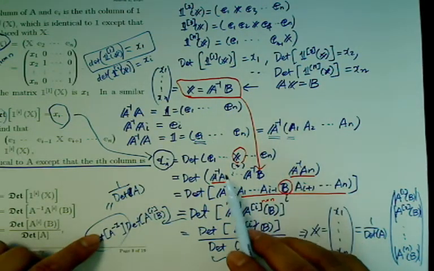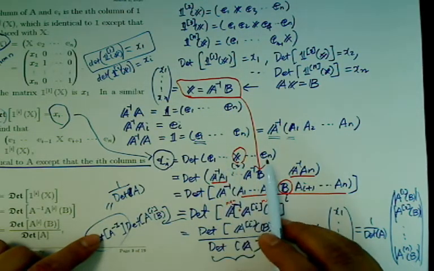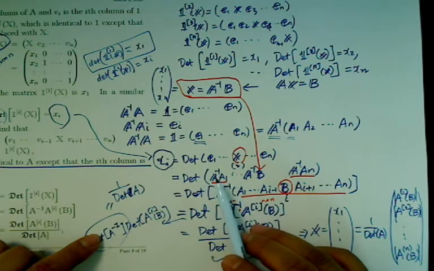Therefore, every element has the factor of the A inverse matrix multiplied by a column.